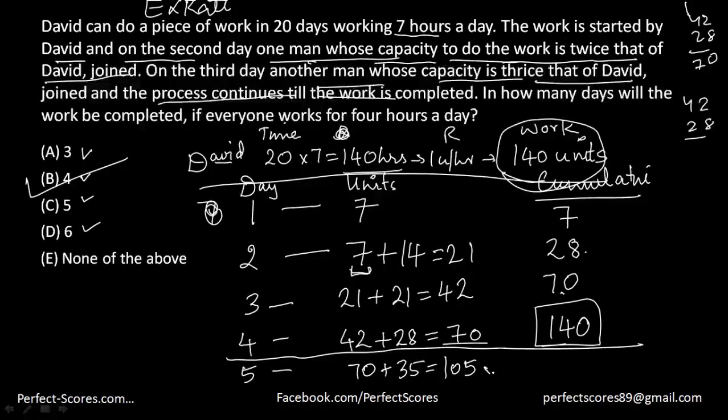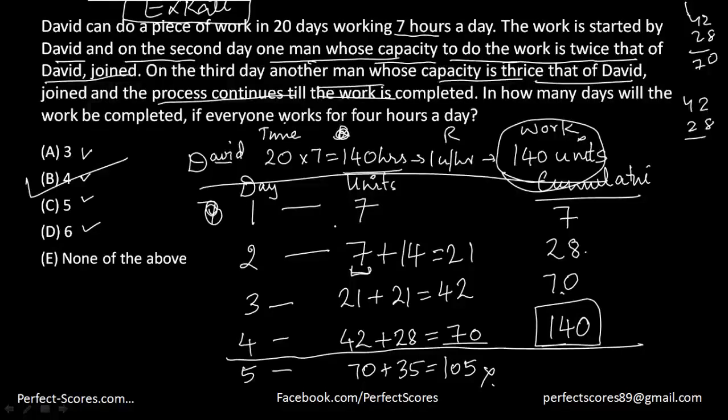I need not calculate the fifth one. I could have had the cumulative work with me all together all the time, right? So suppose you've understood this question, what we're doing over here, we're actually following this, that efficiency is directly proportional to the rate.